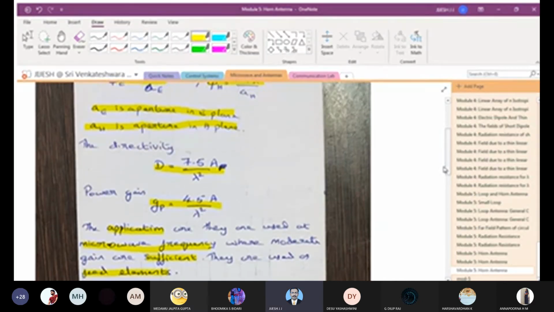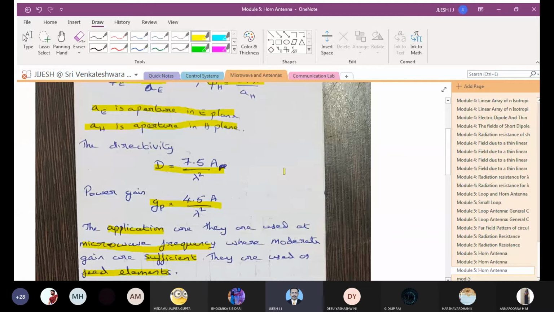You can make a note of these things, and then we will proceed with the different types of antennas, where we will be studying helical antenna. Helical antenna is very important, and we'll be discussing that. So first you can complete these things.